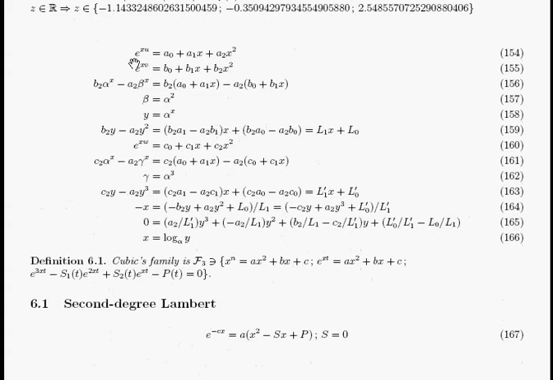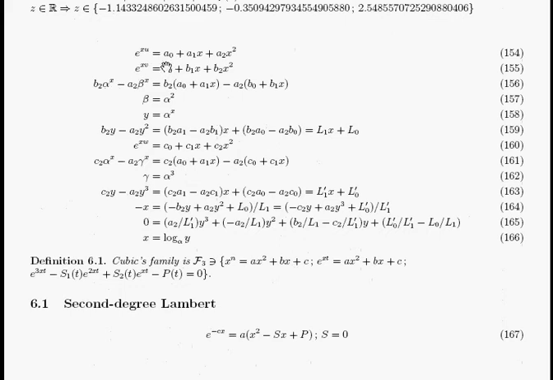Okay, we have t equals u, t equals v. u is alpha to the power x and v is beta. Exponential of v is beta, exponential of u is alpha.